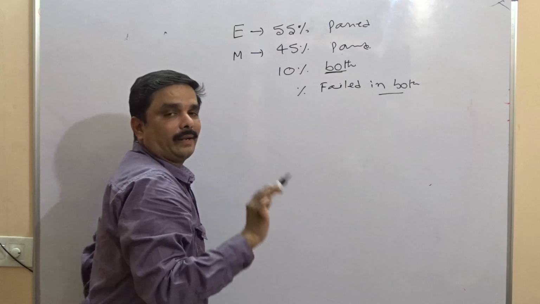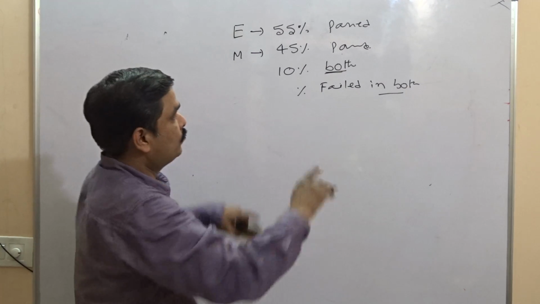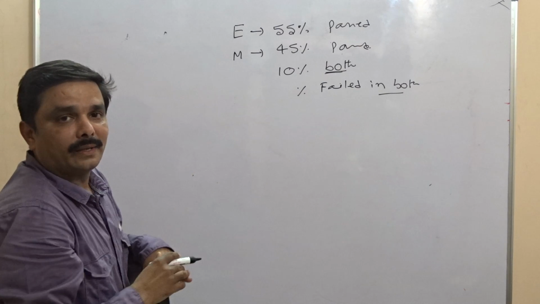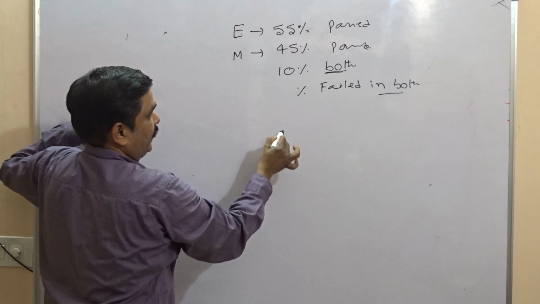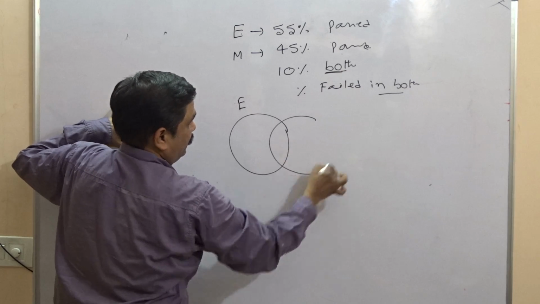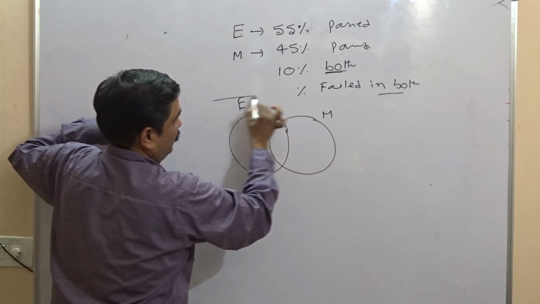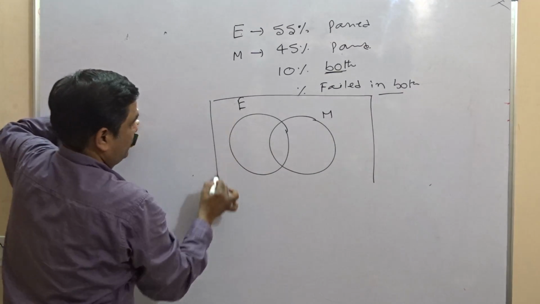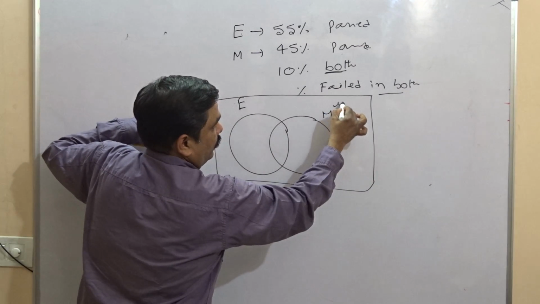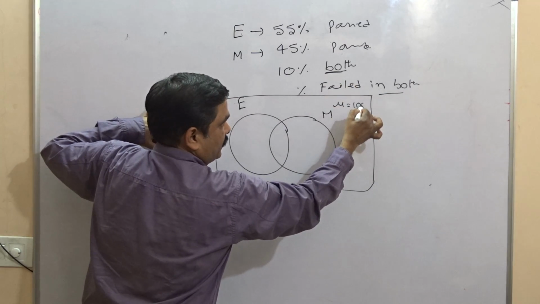Okay, I can directly use the sets chapter for this one. Very simply, I'll go with the Venn diagram. Now, I'm taking this one as English, and this one as maths. Since there is a common portion, I'll go for intersection. Then I'm taking this one as mu. When they are given in percentages, obviously mu becomes 100%.